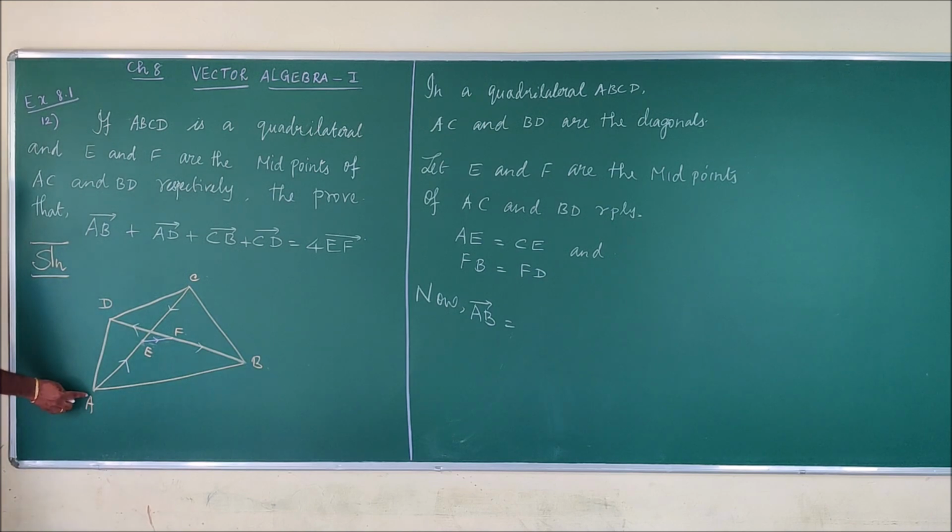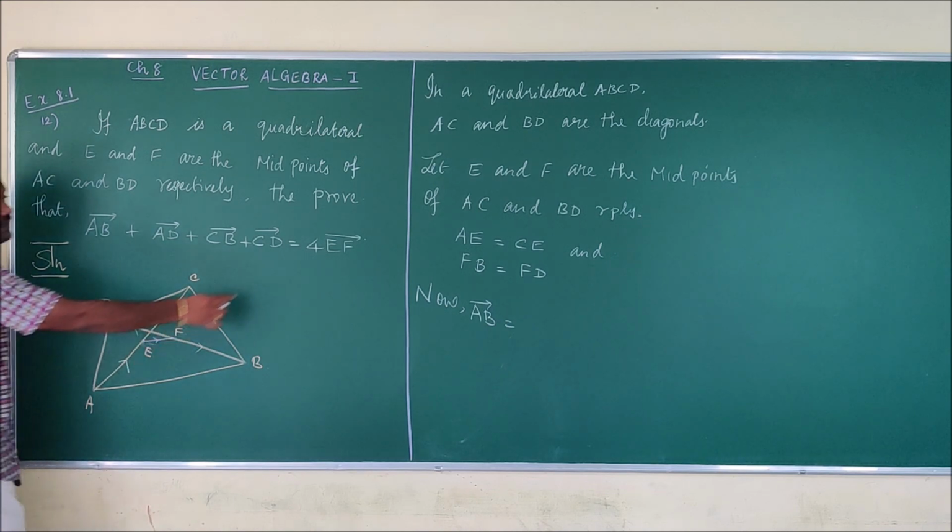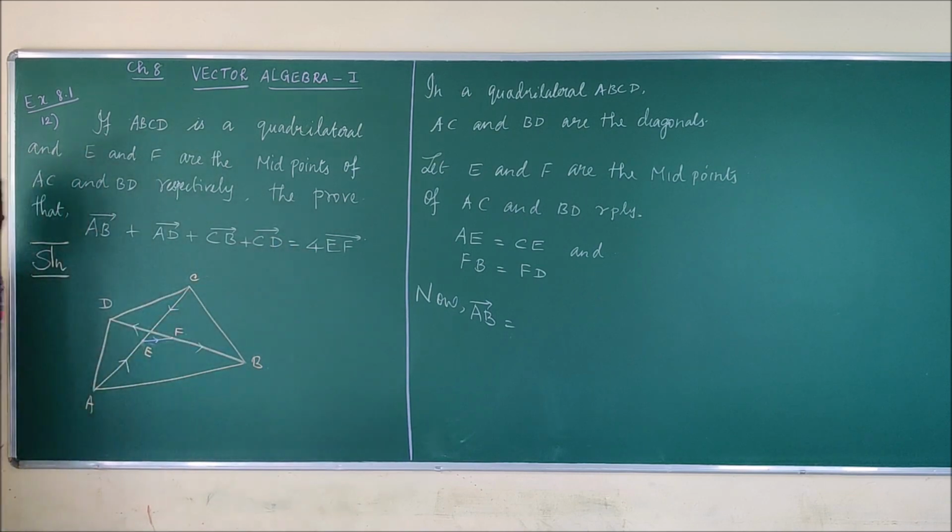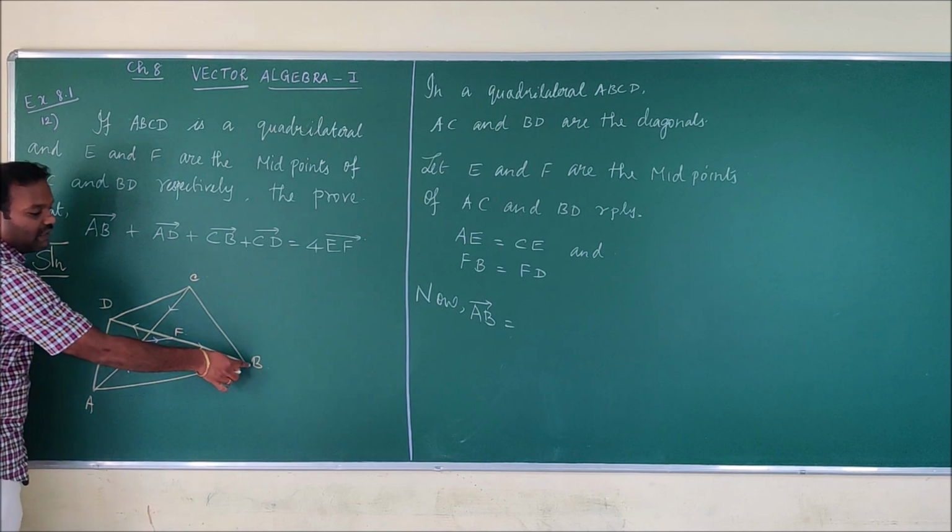So let me start. From A you can go to E, so AE vector. From E you have to go to F. This is the only way, because in your proof you have the EF vector. So AE vector plus EF vector plus FB vector.